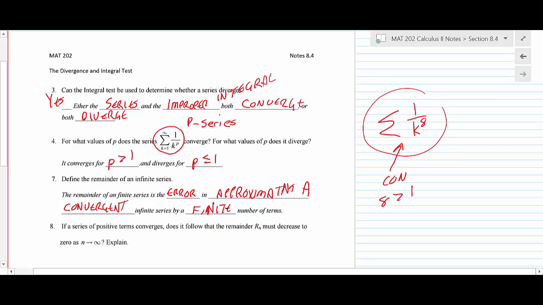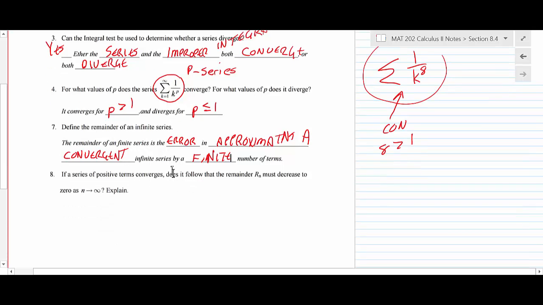With that problem we were doing with the remainder of the P series 1 over k to the 8th, we were able to see, up to 10 terms, how close that was to the actual value. So that's an error in approximating a convergent series. Whatever is left over is going to be the error in that approximate series.